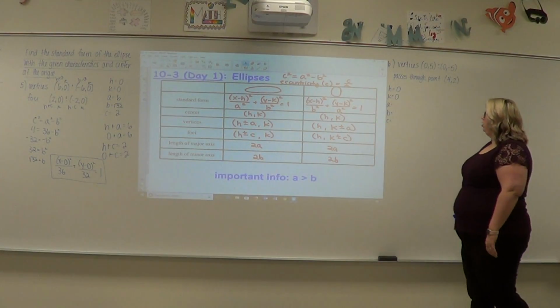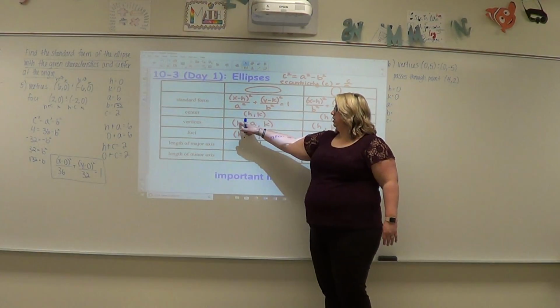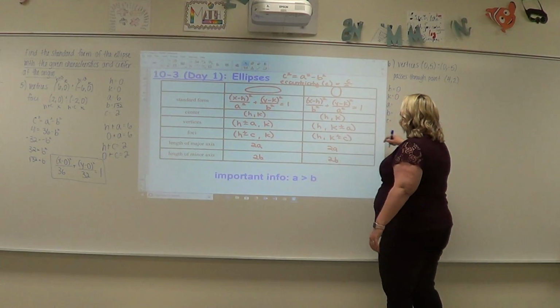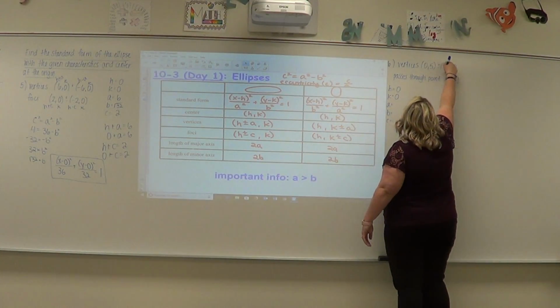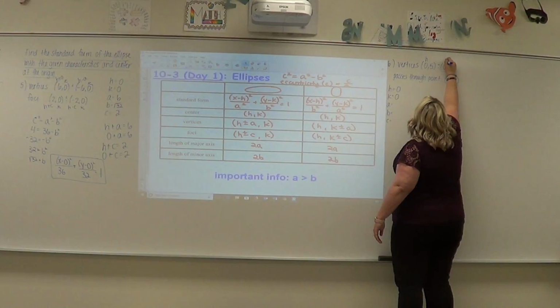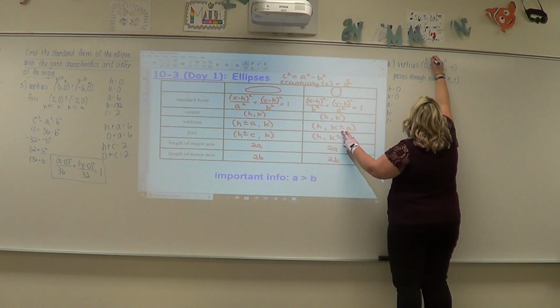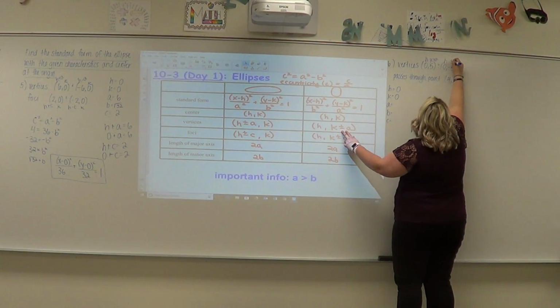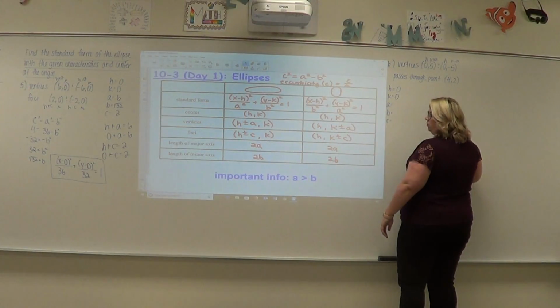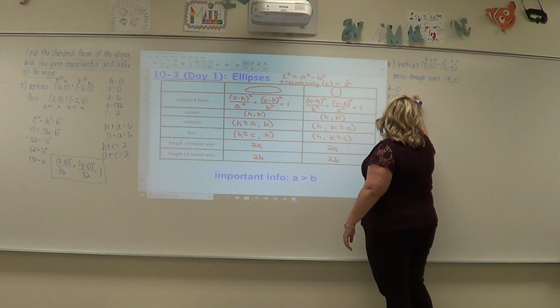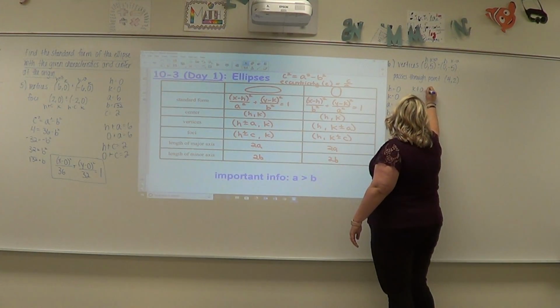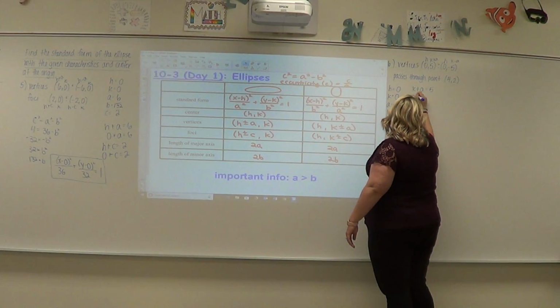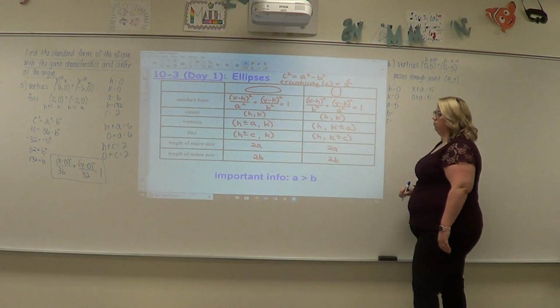Here's how I know. If I look at my vertices, this one has H plus A and this one has K plus A. I already know H is 0, so it has to be this one. So this is K plus A and this is K minus A. So I know K plus A is 5, and K is 0, so A is 5.